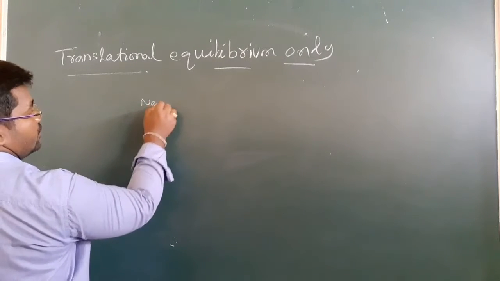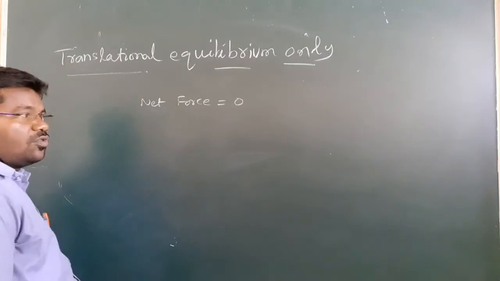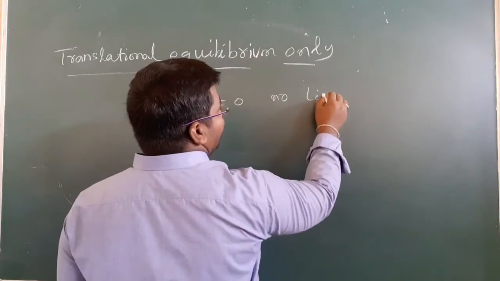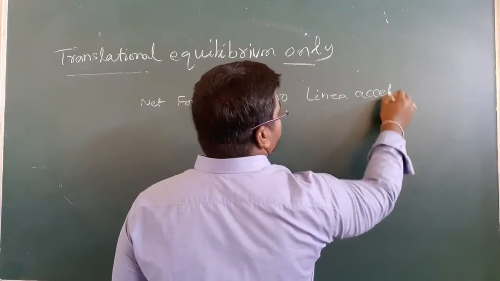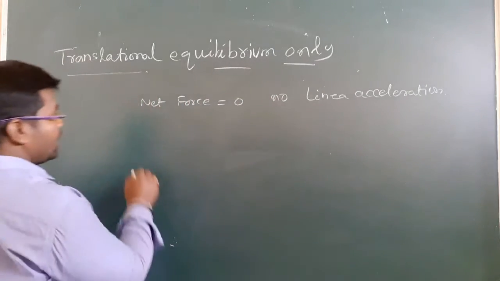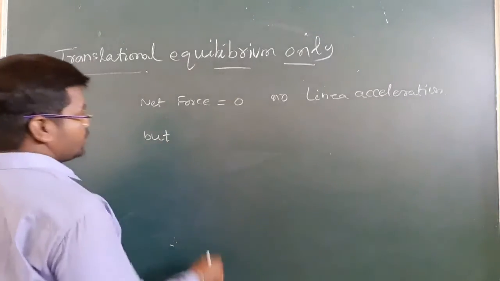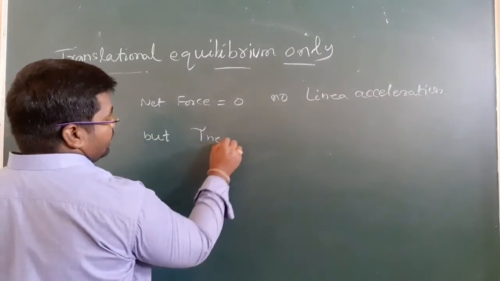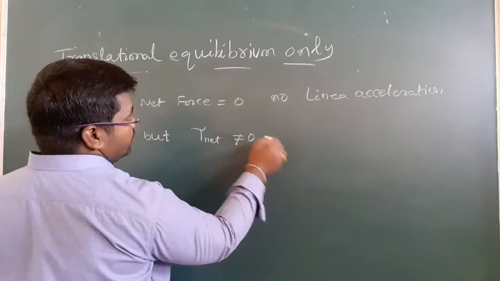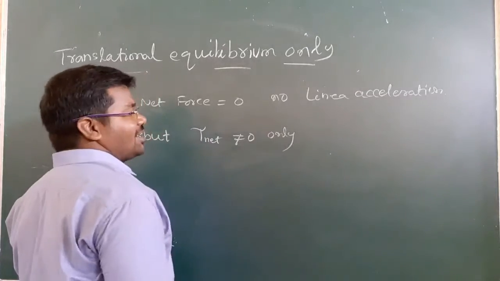So when a body is said to be in translational equilibrium, see here, first, net force is equal to 0. Net force equal to 0 means no linear acceleration. But non-zero net torque, tau net is not equal to 0, only angular acceleration.